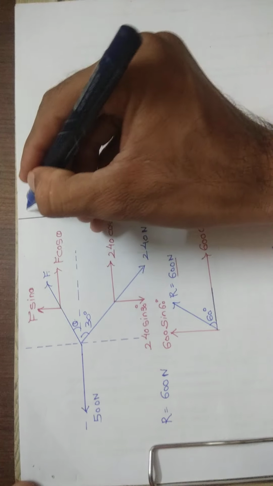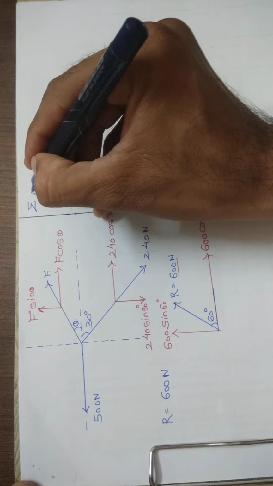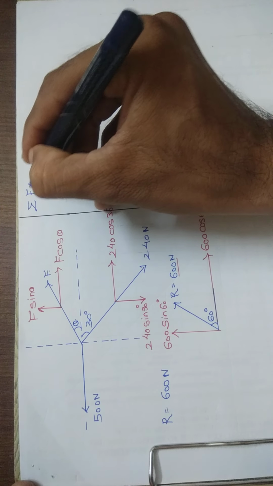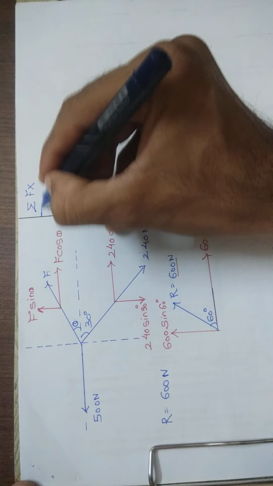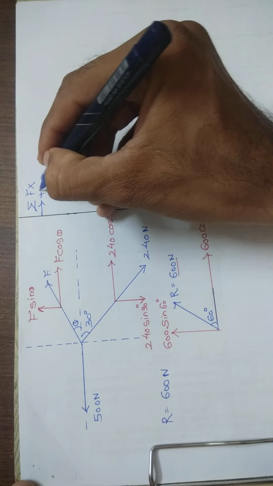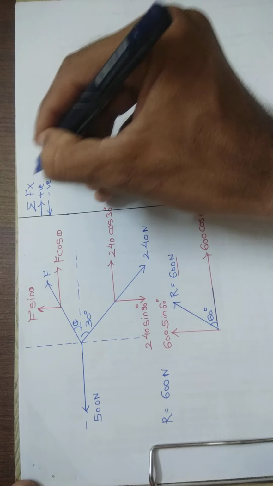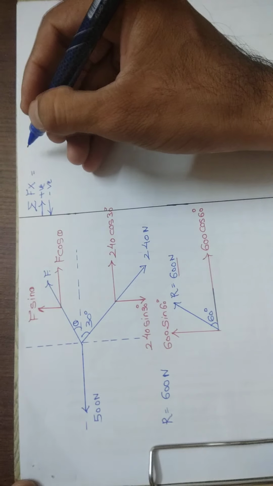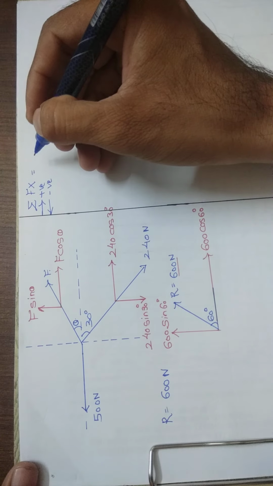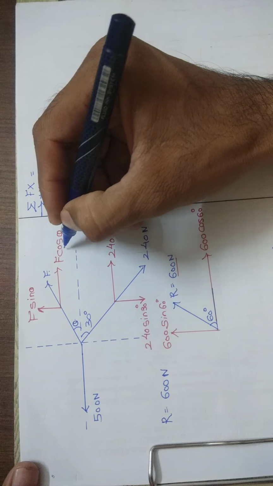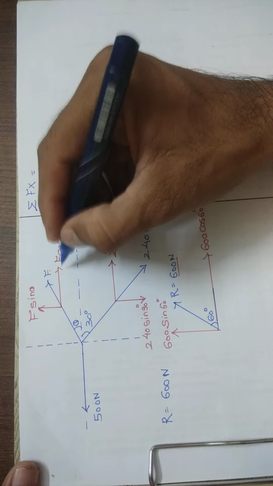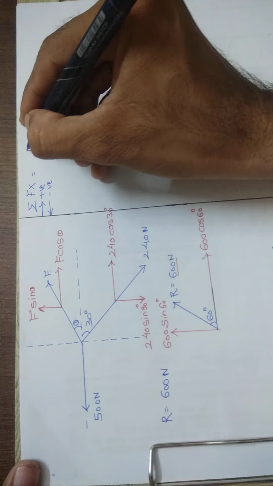Yes, the summation of all x components. Again the same sign convention is used: right side is taken as positive, left side is taken as negative. The summation of Fx equals all x components. The first x component, F cos theta, is moving towards the right, so it is positive.